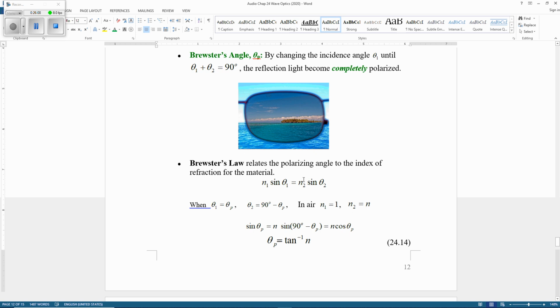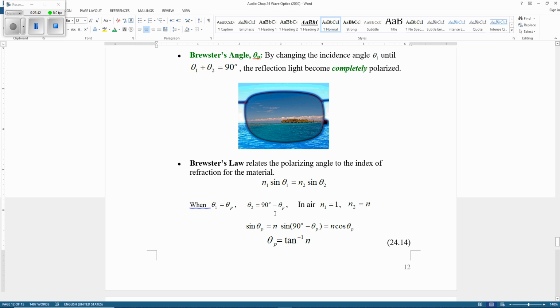Now we plug all the information into the law of refraction. See what we got. n1 equals 1, and sine theta 1 equals sine theta p, when theta 1 equals Brewster's angle. Then that equals n2, which is n now, times sine theta 2, and theta 2 equals 90 minus the Brewster's angle.